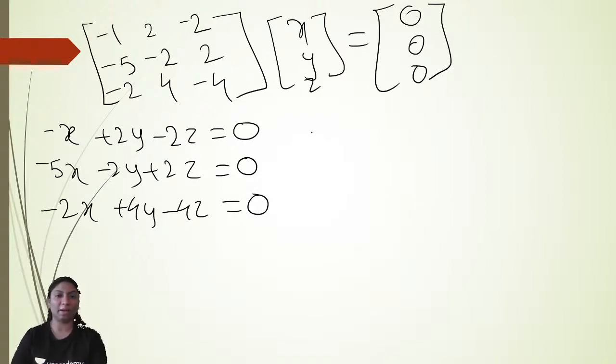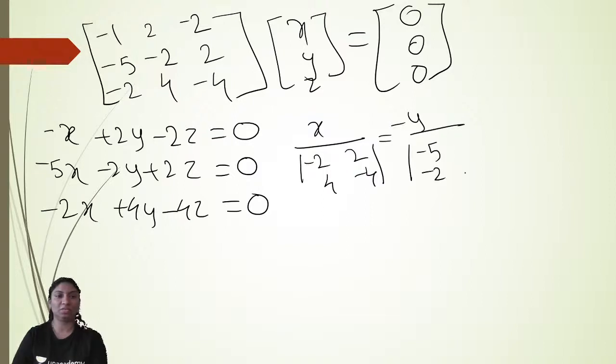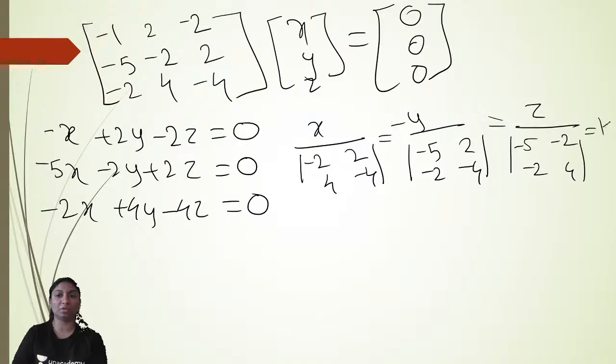So solving by Cramer's rule. So x upon, I am taking these two. So minus 2, 2, 4, minus 4, minus y upon minus 5, minus 2, 2, minus 4, z upon minus 5, minus 2, minus 2, 4 is equal to k.